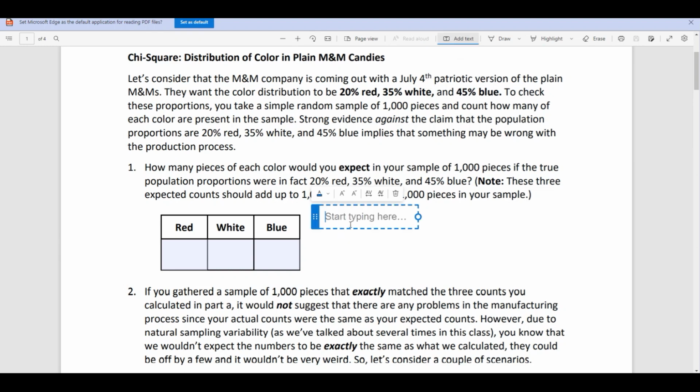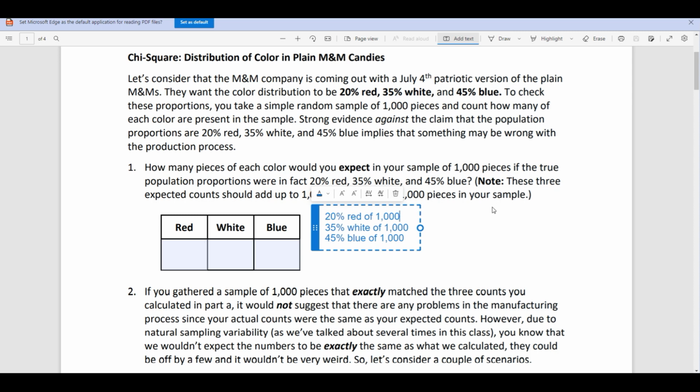Okay, so if we want 20% red of 1,000, 35% white of 1,000, and 45% blue of 1,000. So what we're going to do is take this sample size that we have, multiply it by this proportion, and that'll give us the amount that we would expect in 1,000 candies.